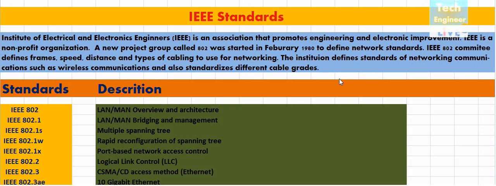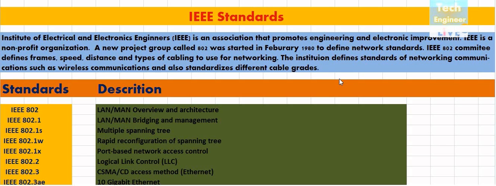Wired or wireless, these are the only two ways we are able to communicate and pass packets from one computer to another. Either the network is wireless or the network is wired. Now, the standards or descriptions are, for example, IEEE 802 LAN/MAN overview and architecture.